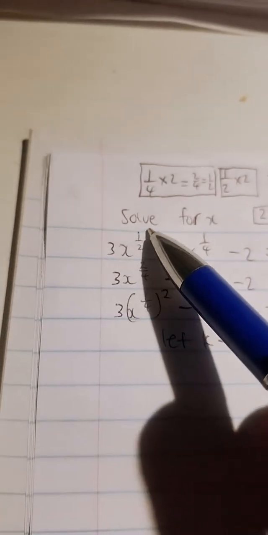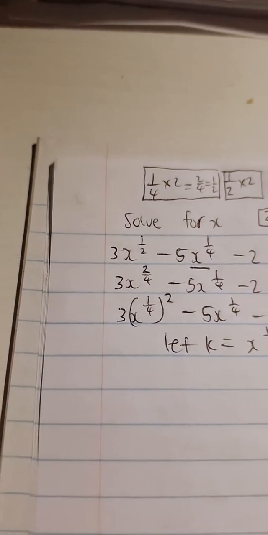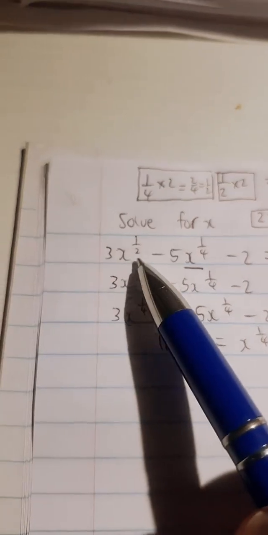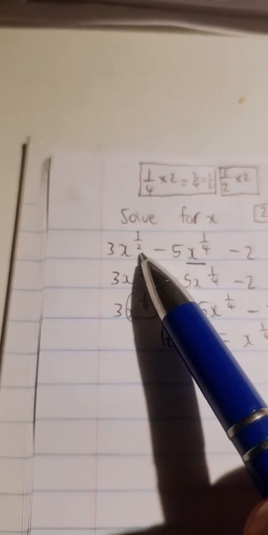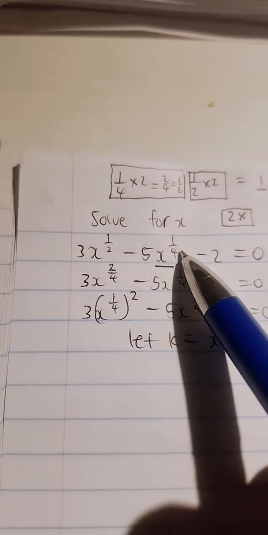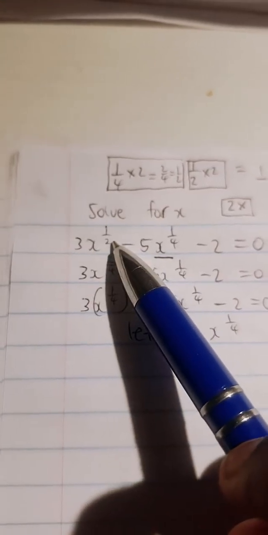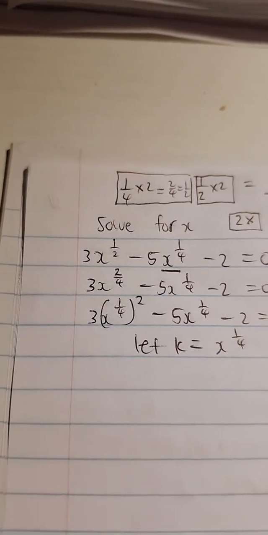But then I have to change x to the power, especially the exponent half, to a fraction that has the same denominator as 1 over 4. Obviously, half will then be changed to an equivalent fraction that has a denominator of 4.